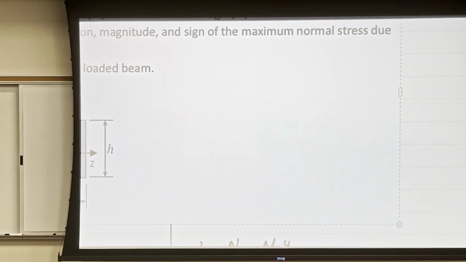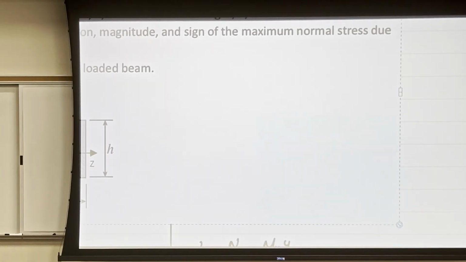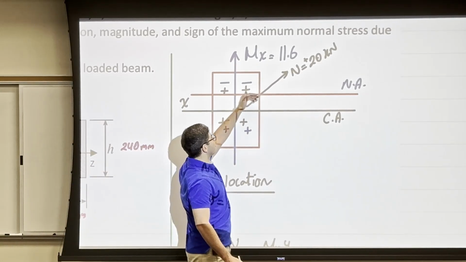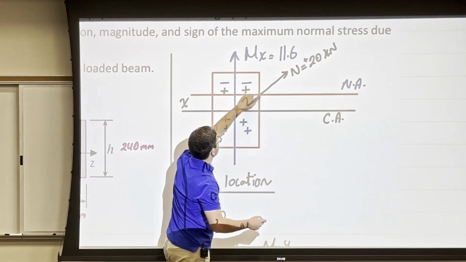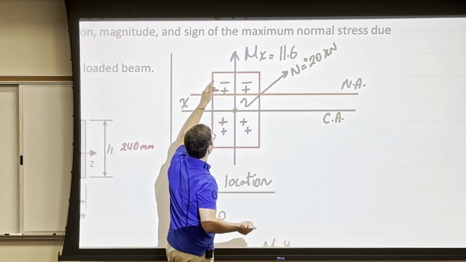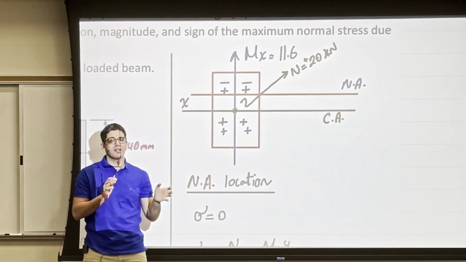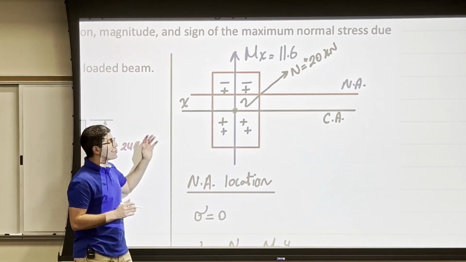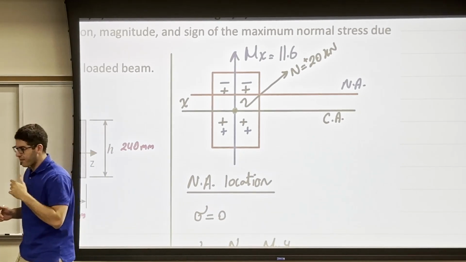The centroid is not going to change, because the centroid is a property of the area, and the neutral axis is up here. Okay? So from the neutral axis all the way down, it's going to be the positive region. Above the neutral axis, that's a plus or minus region. I haven't figured it out yet, and I'm going to figure it out using the stress equation, to see which one dominates, whether the positive or negative. Okay?